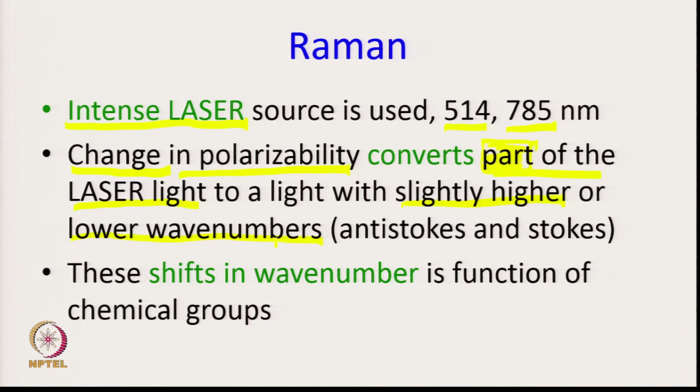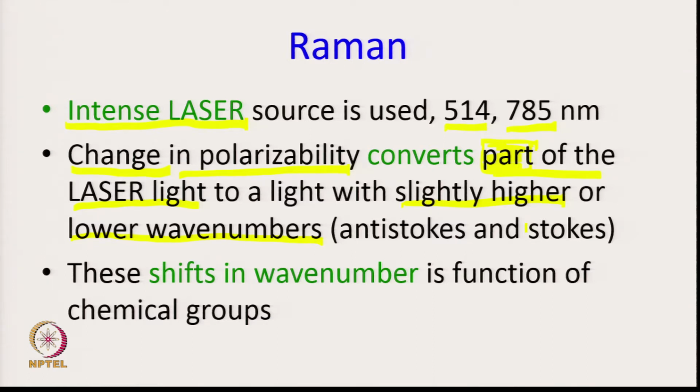So, it is going to be the inverse of it. So, higher wave number, slightly higher wave number means less than 514 nanometers. So, let me correct myself, it is less than 514 nanometers, and slightly lower wave numbers means the wavelength is slightly higher than 514 nanometer.